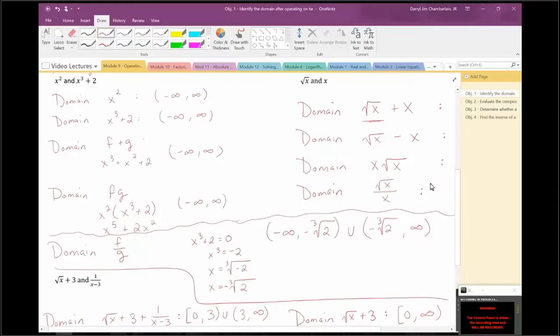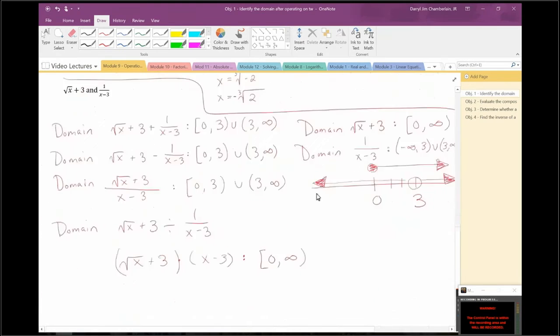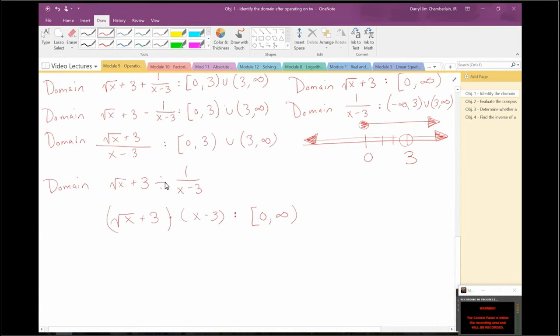So this is an example of how dividing can restrict our domain. Of how this can remove values from our domain, and how division can actually add values to our domain.